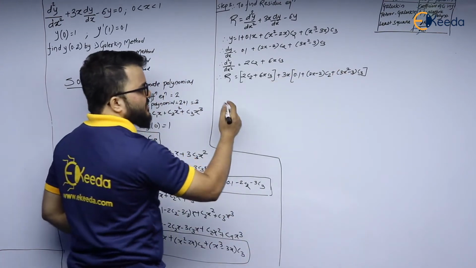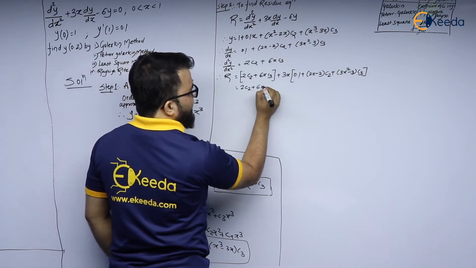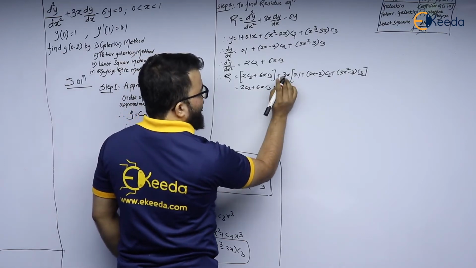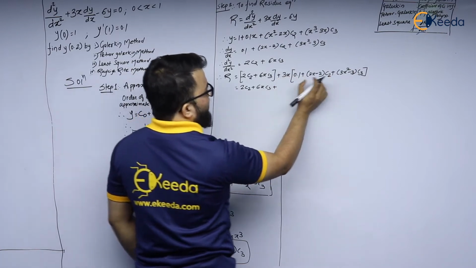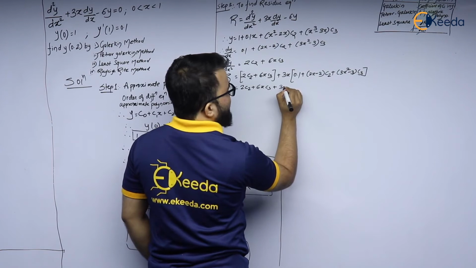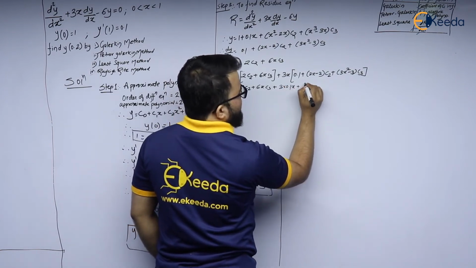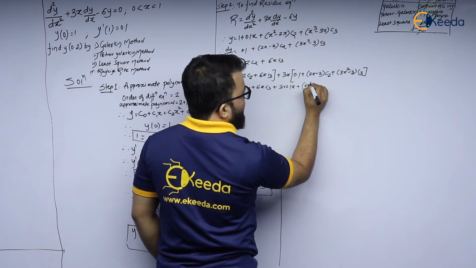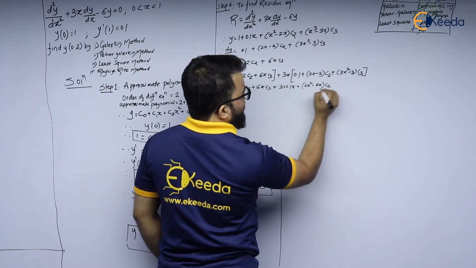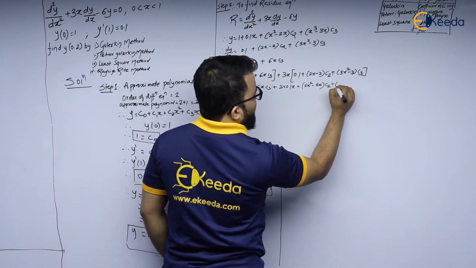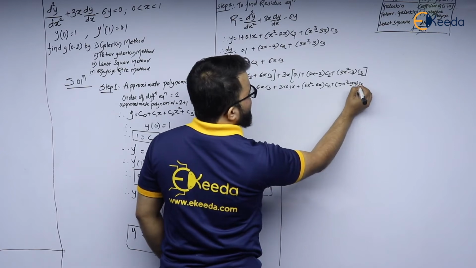So now we will solve this equation. I get 2c2 plus 6x c3 plus, multiplying 3x throughout this bracket, 3 into 0.1x plus (6x square minus 6x) into c2 plus (9x cube minus 9x) into c3.